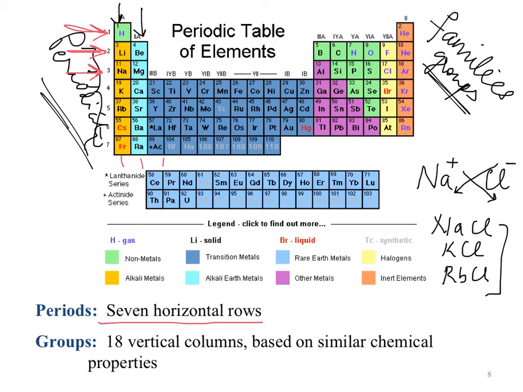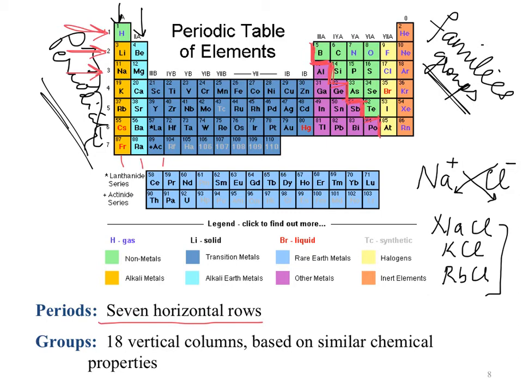So overall, you can divide your periodic table into different groups, and I'm going to talk about each of the groups in a second. Now, one thing that I want to get your attention to is that if you look in this region, notice this ladder-like structure.